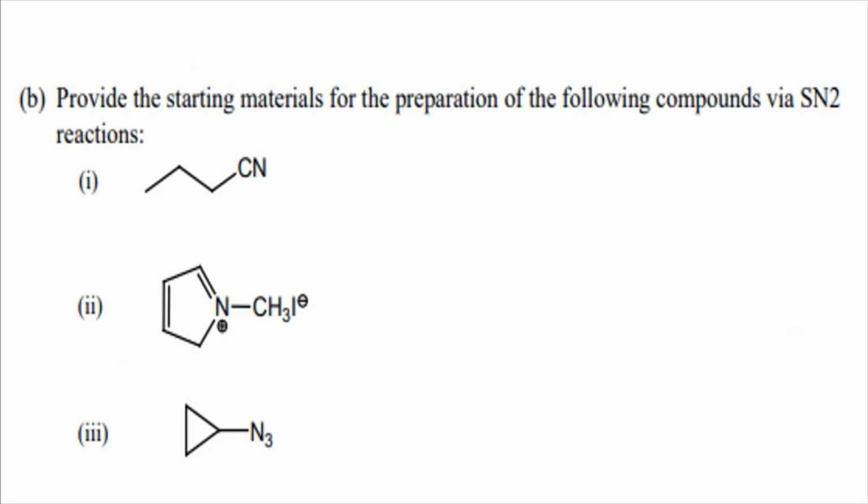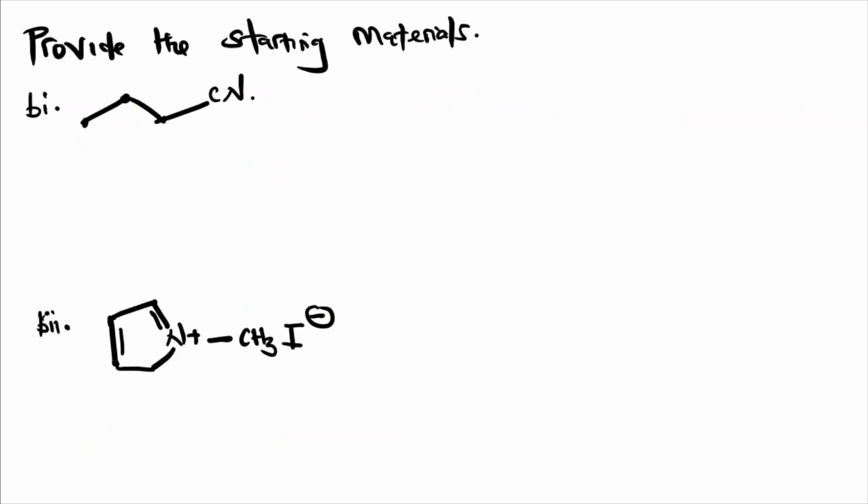Part B says provide the starting materials for the preparation of the following compounds via SN2 reactions. So the first one is this one here. In order to create this product, the starting materials were like this.